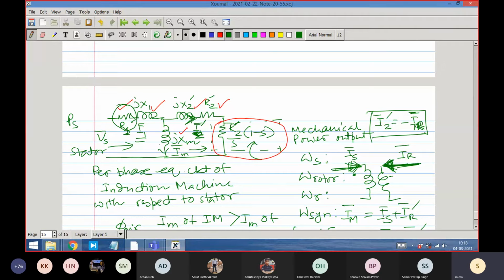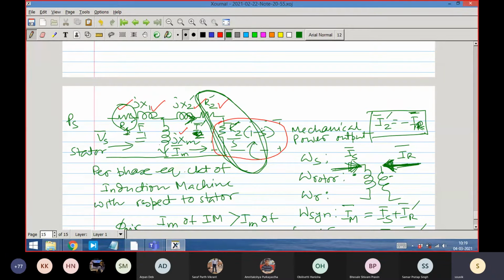So all the power PG must be spent in this combination of so-called 2 things. One is the rotor resistance, and another is an equivalent resistance that represents the mechanical power output.